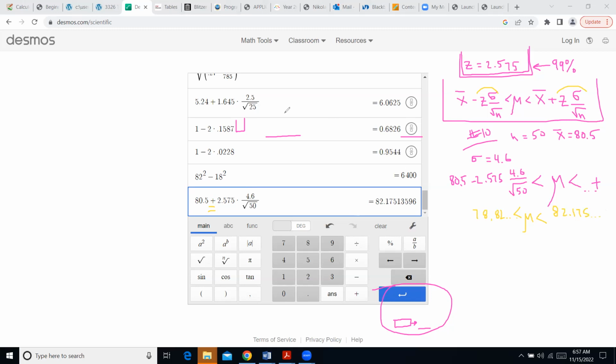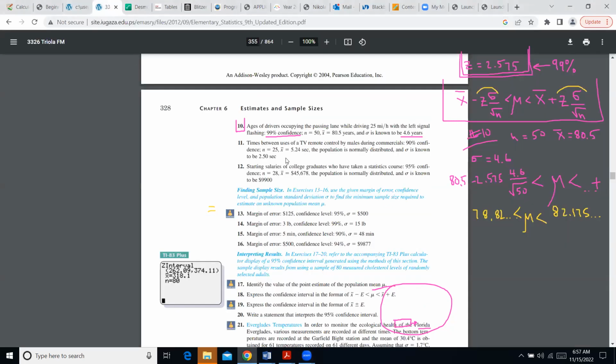So we did the calculation. The question is, what is it that we just found and how can we use it? Because again, the interval we produced does not tell us exactly what the population average is. It's between 78.8 and 82.2, roughly speaking.